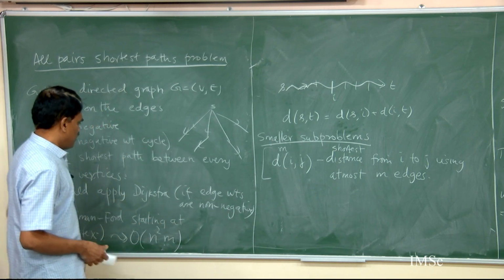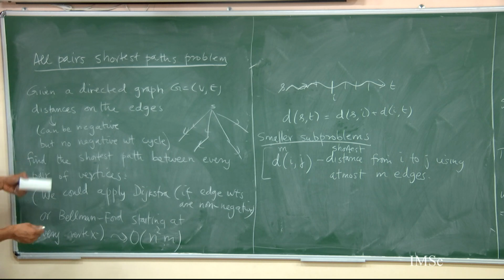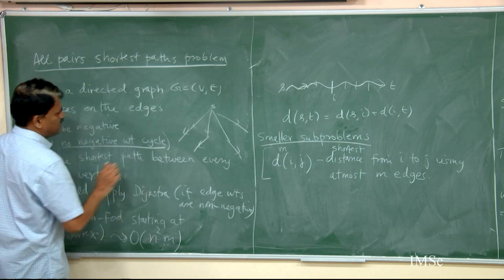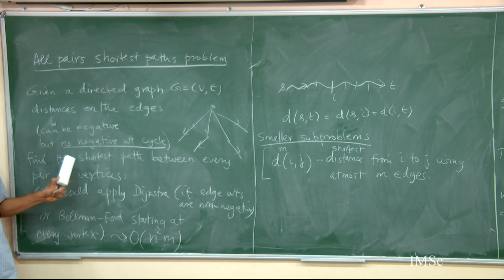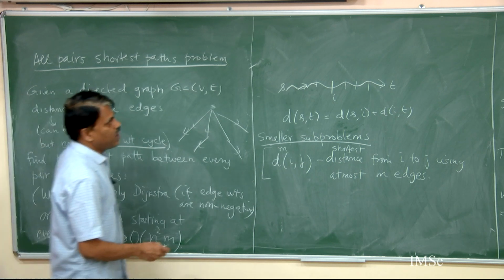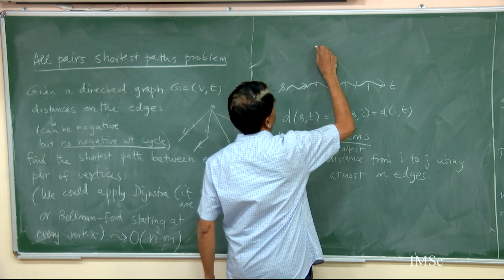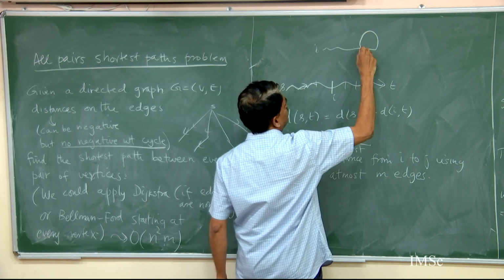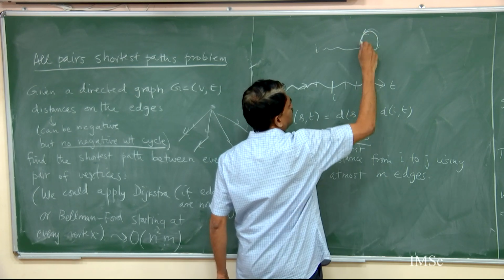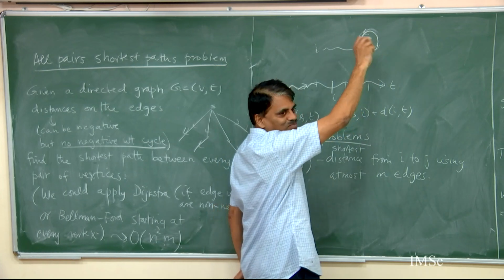One important thing is, since there are no negative weight cycles, the reason we assume this is that every shortest path is a simple path. If you have a negative weight cycle, then I can go from i to a cycle of total negative weight and keep going through it, and my distance comes down.